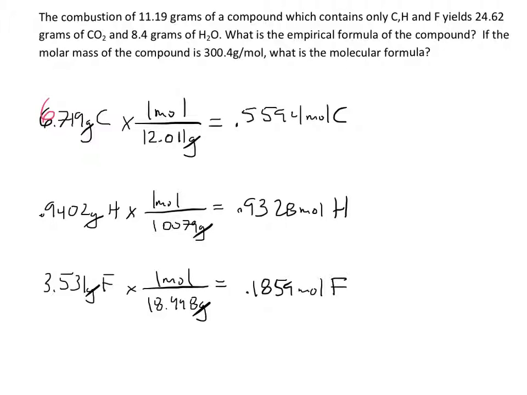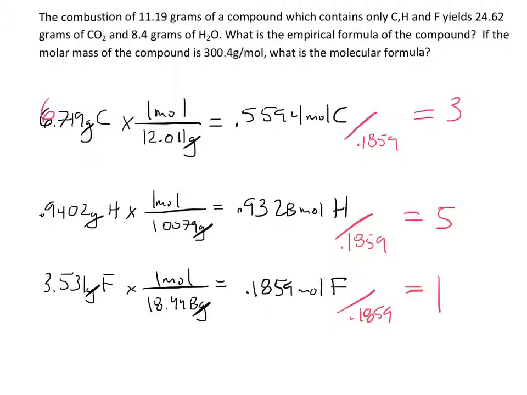I'm going to go ahead and divide by the smallest, which would be the fluorine, 0.1859, and that will give us our ratio. So it's going to be 3 to 5 to 1. So that means our empirical formula will be C3H5F. All right, so that's the empirical formula.